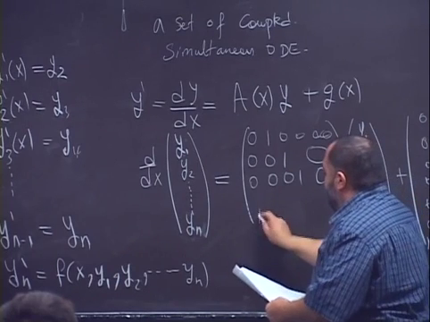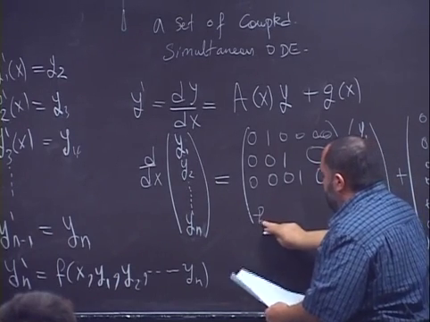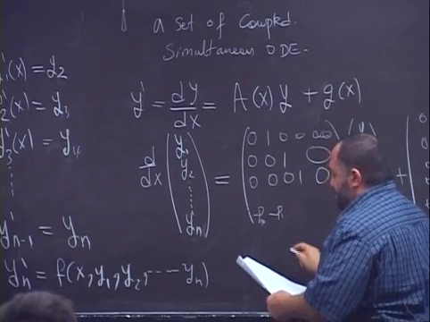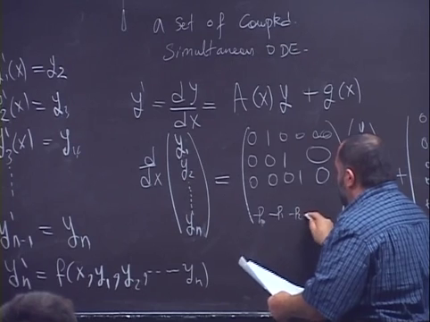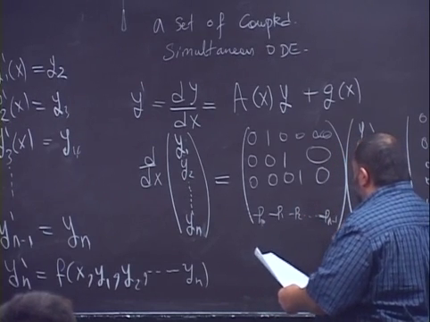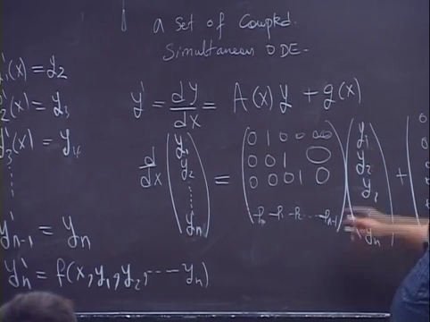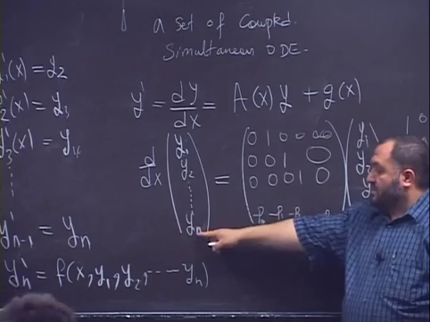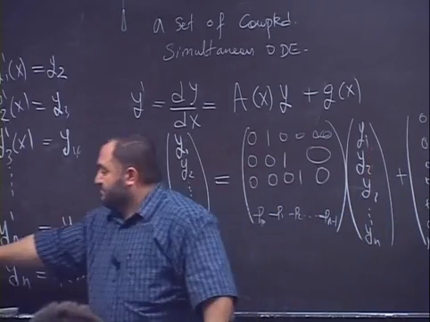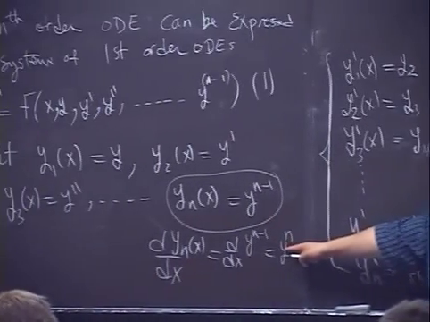So we'll have minus b0. Yes? Minus b0 and minus b1, minus b2, up to minus bn minus 1. Yes? Multiply it here. d by dx for yn will give you the nth derivative.